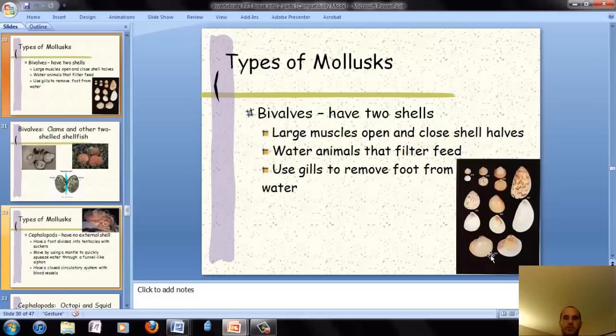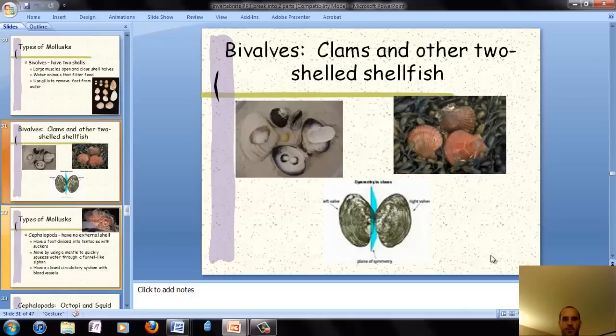They're filter feeders, so water flows through inside their shell, and they're able to pull nutrients out from that. They've got gills to remove oxygen from water. So you'd be thinking specific examples would be clams and other two-shelled shellfish. Try to say that 10 times fast.